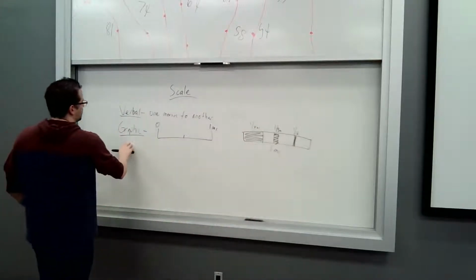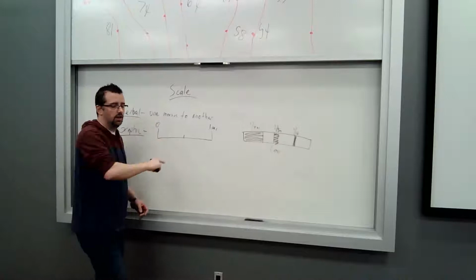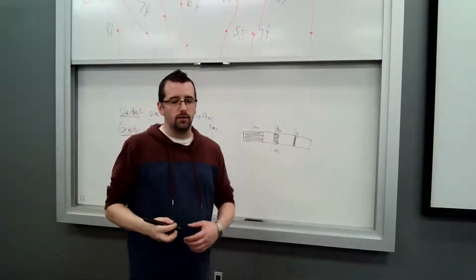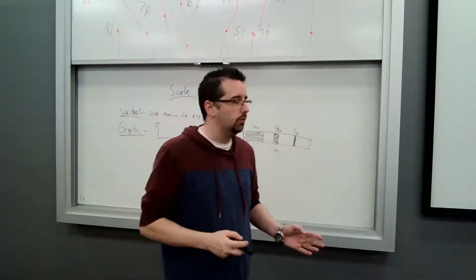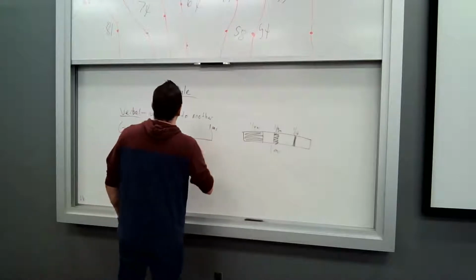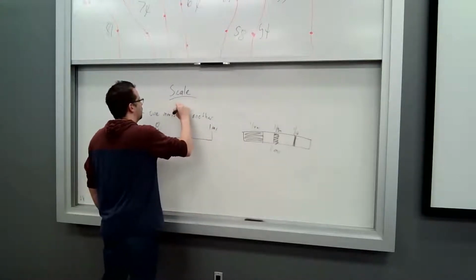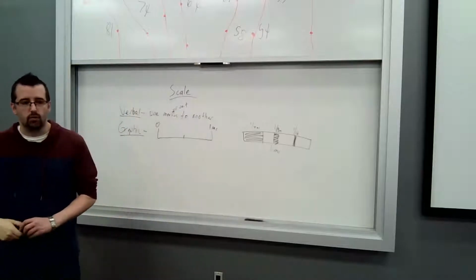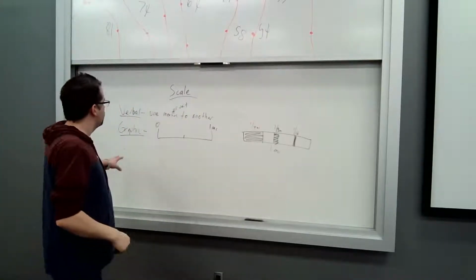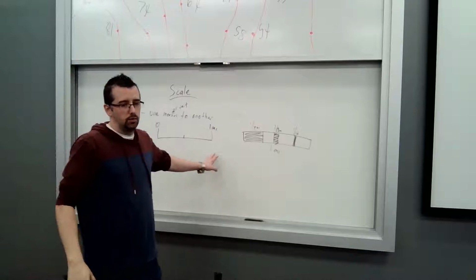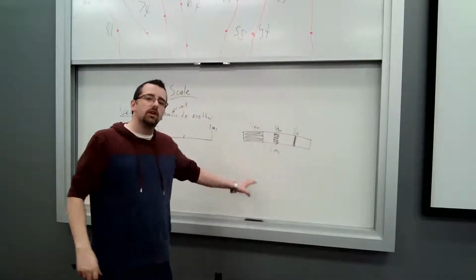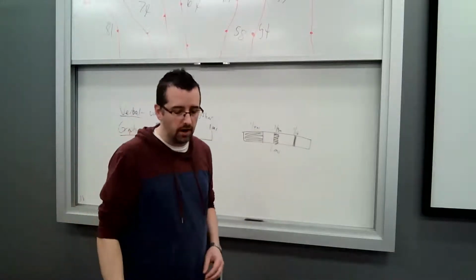It's a graphic scale. So the verbal scale is the act of saying one measure to another, and you do apply units to this. So one measure or unit to another. Or a graphic scale, which is something you see on a lot of maps, where it'll have that bar scale at the bottom.